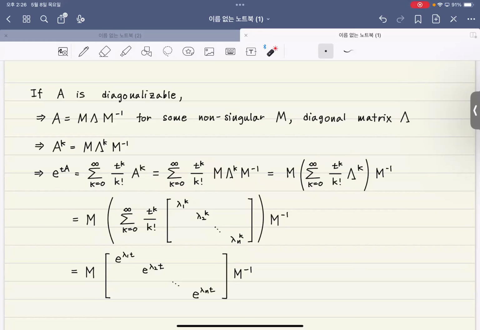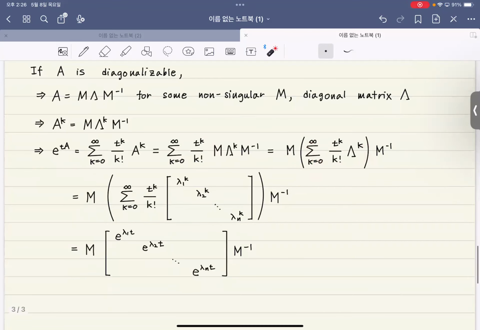Okay. So please allow me to magnify the expression between these parentheses. This is the summation, but now this is not just any random matrix, but a diagonal matrix whose diagonals are from lambda 1 to lambda n, and raising the diagonal matrix to the k-th power should be super easy, like this.